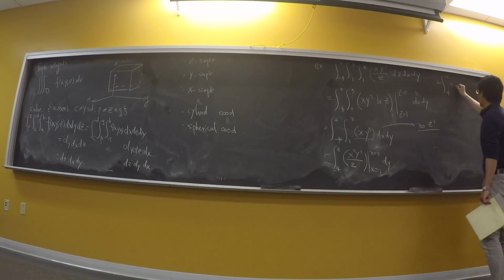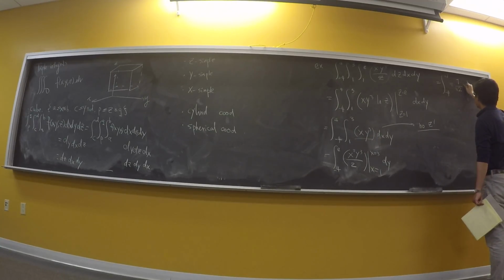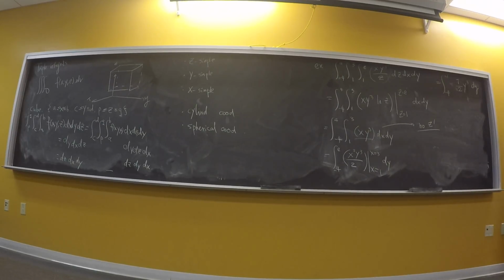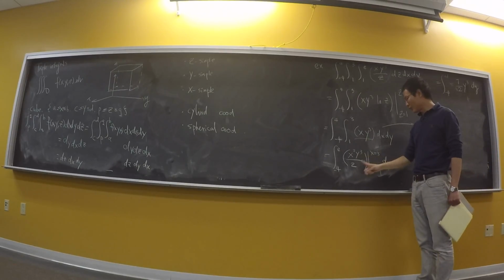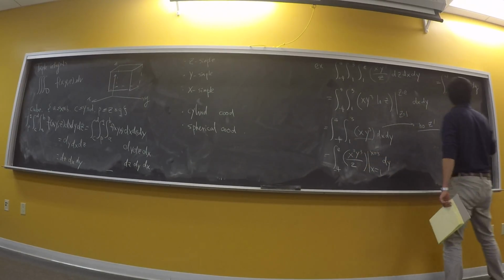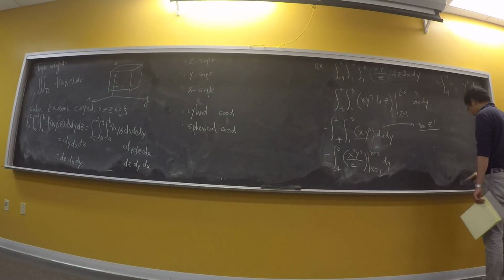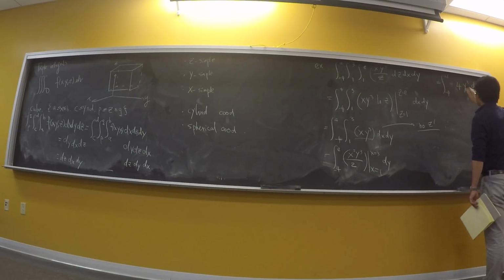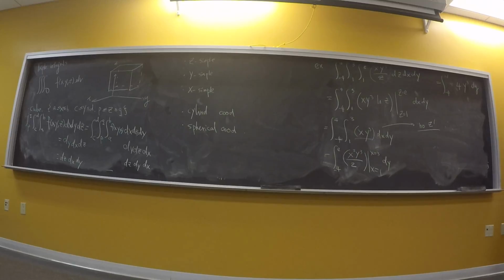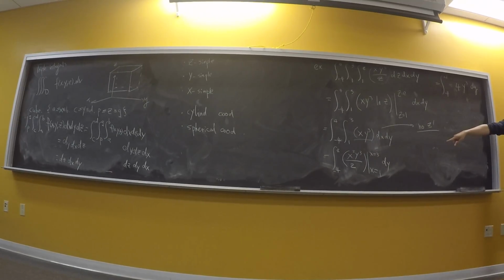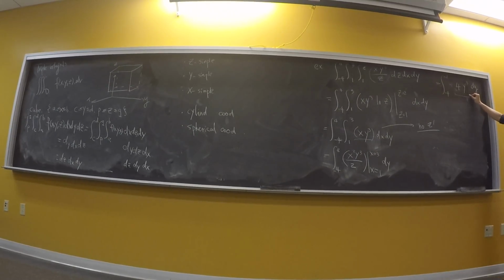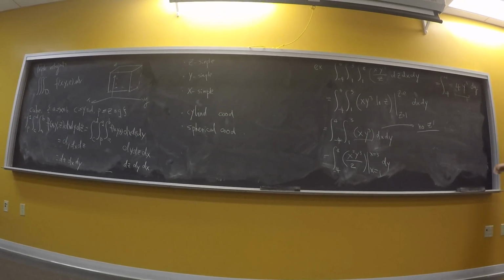So 9 divided by 2 minus 1 divided by 2, I have 4 y cubed. So again, if I eliminate one of the integrals, I have to make sure there's no x here.